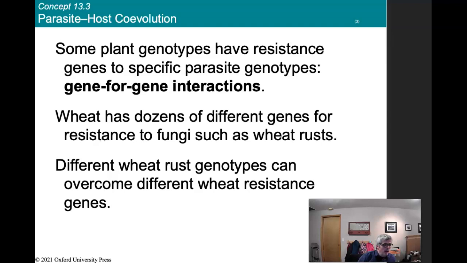If it doesn't, then the rust doesn't take hold in that wheat. So one wheat can have protection against a number of rusts, and one rust can have the tools to circumvent the protections for a number of different types of wheat protection. And so they can either match or mismatch.